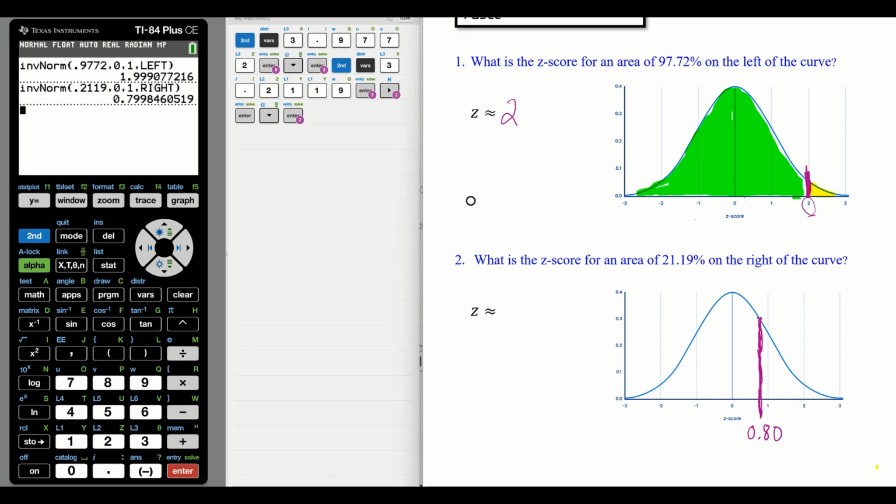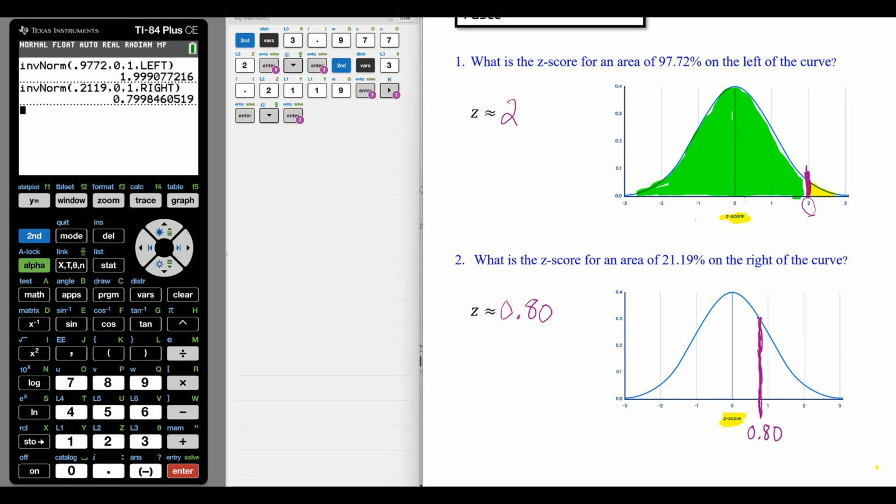I hope you guys can see that. Zoom in if you can't read it. These are all z-scores. You probably noticed that on my other videos. So that means our z-score is about 0.80, that we are close to a standard deviation or a z-score of 1. So let's put that in.